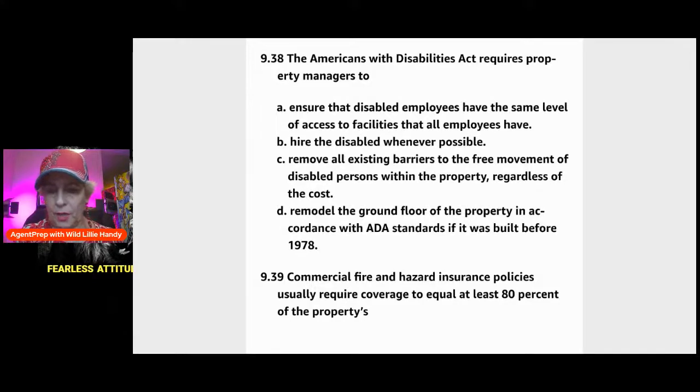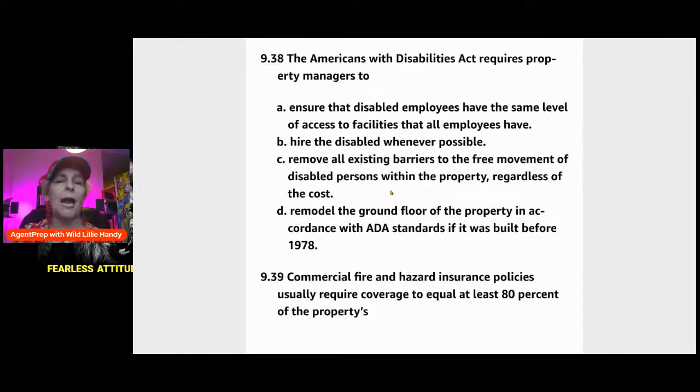All right, so we have A, B, no, A and C. Yeah, the answer is A. Ensure that disabled employees have the same level of access to facilities that all employees have. Okay, so that's for requires property managers to. So B, they don't necessarily hire the disabled whenever possible, or C, remove all existing barriers to the free movement of disabled persons.